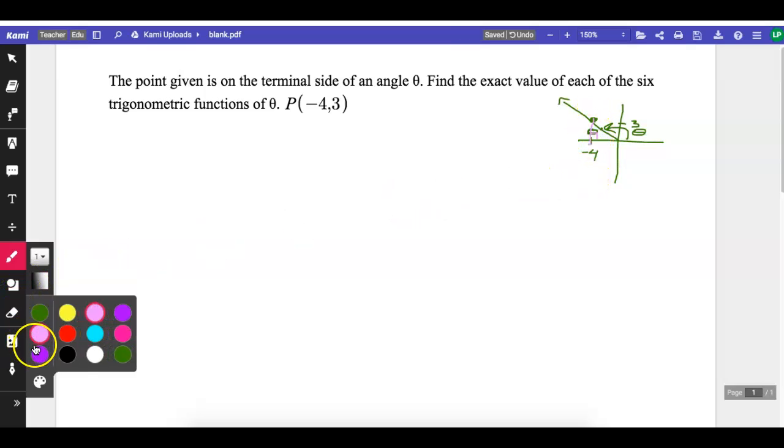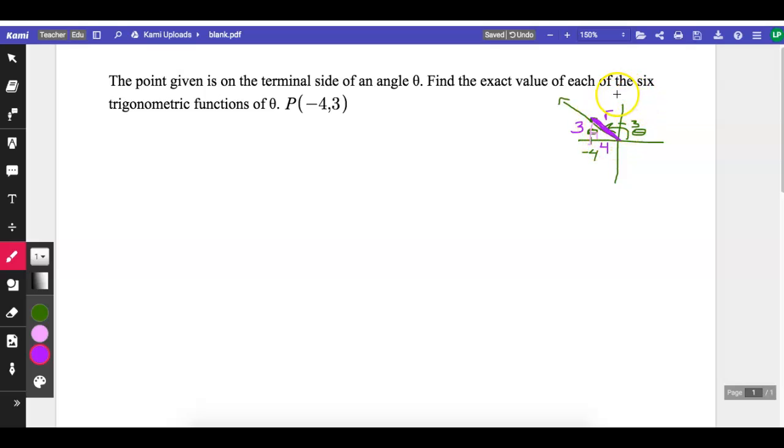Here's what we know about this triangle: the distance from -4 to 0 is 4, the distance up the vertical line from 0 to 3 is 3, and the part from the origin to our point is what we call r.